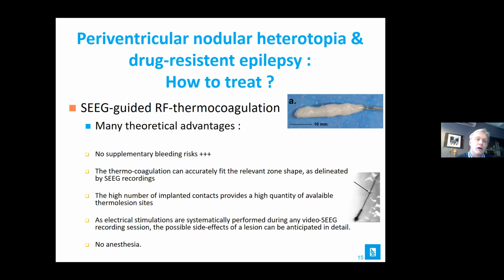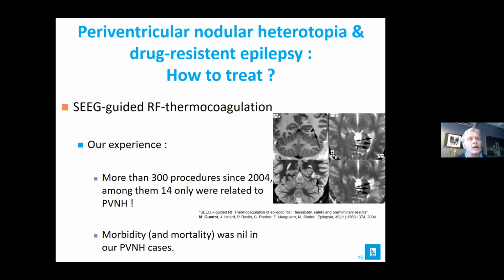I would add that no anesthesia is required, which is convenient. I also would add, but it is secondary, that it is fast to do, a few seconds by coagulation, and it is also cheap. In fact, it is free, which can count in some cases.